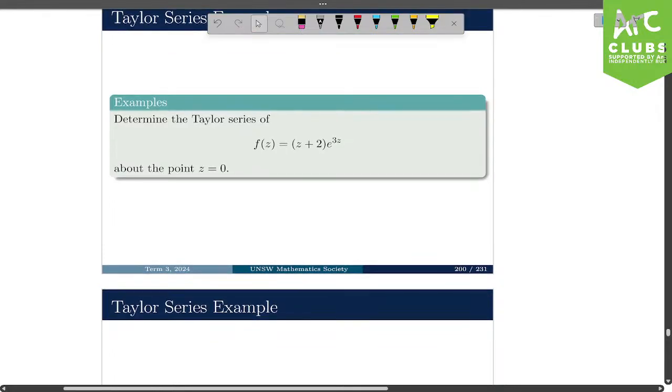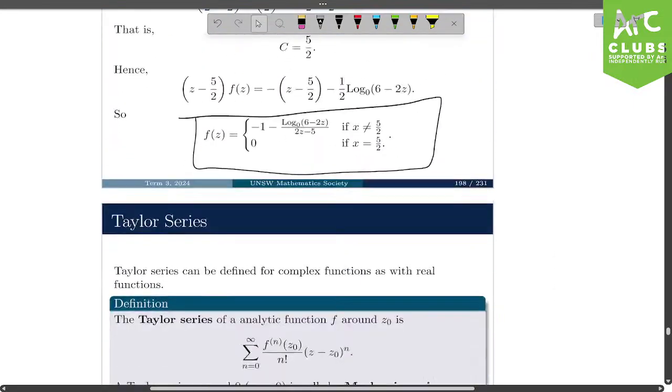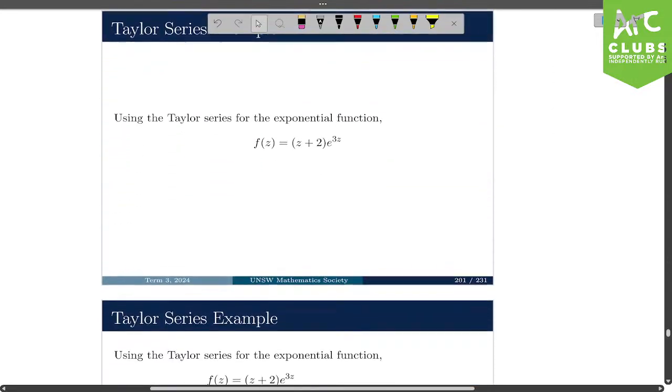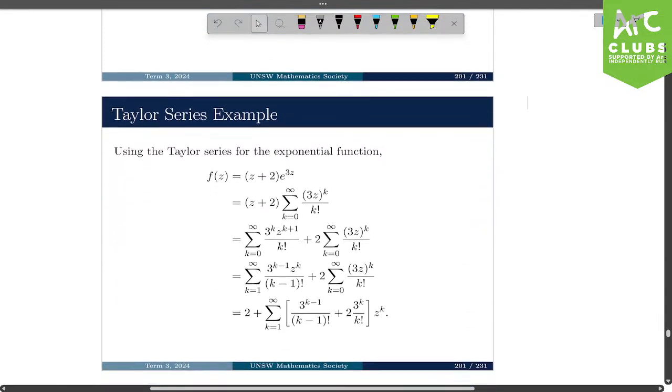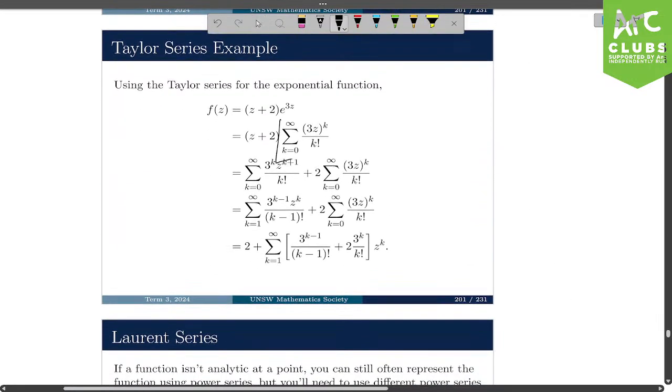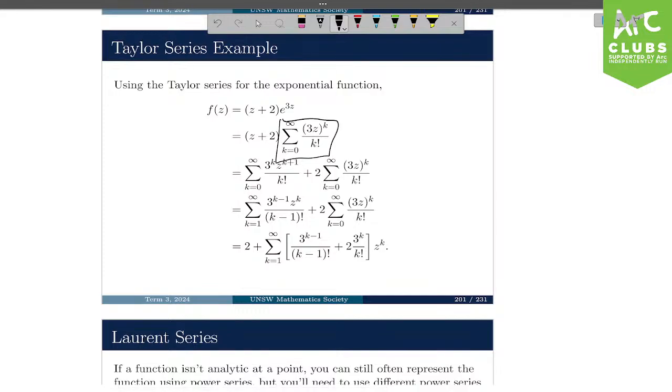Determining Taylor series. Well, we know the Taylor series of e. We mentioned it a lot earlier. We're just going to tack on a power of z plus 2. Okay, so e is just the sum of powers over their factorials.